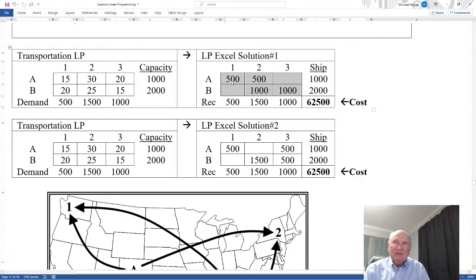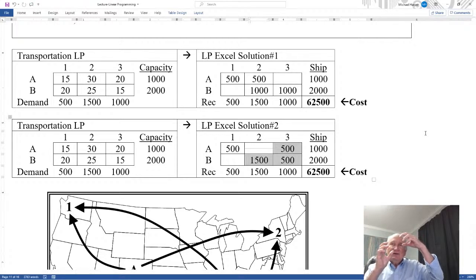As a matter of fact, well, this 500 is the same, but this 500 is gone. This 0 went to 500. This 1,000 went to 1,500 and 500. So it looks like this didn't change, but these 4 did change, one way or the other. The numbers just kind of shifted, either this way or clockwise.